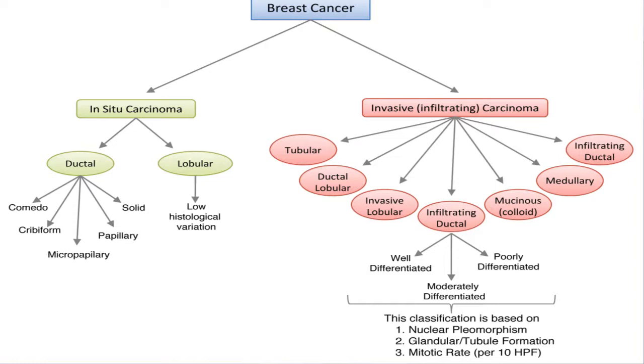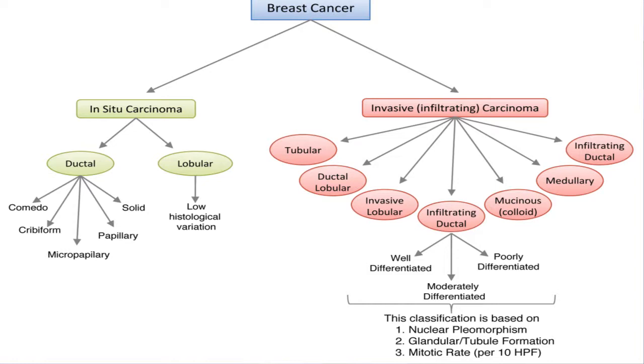In the in situ carcinoma, it is either ductal or lobular, while in invasive carcinoma, there are many morphological types. The most important of them is infiltrating ductal, and others, which are lobular or tubular or mucinous or medullary and other types.